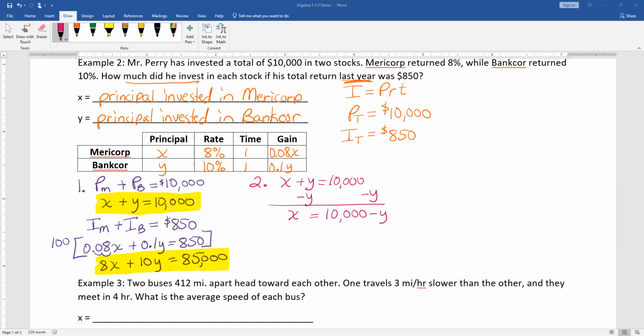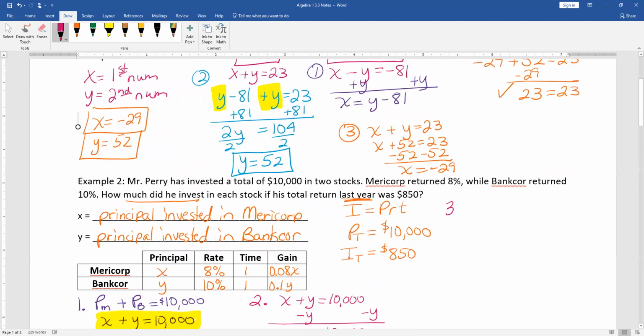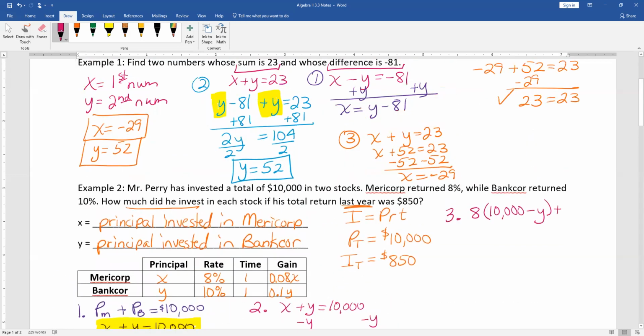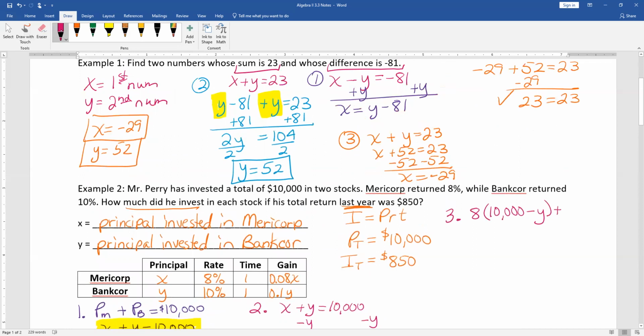So I have, let me get myself some more room. Okay, so this was 8 times x, which was 10,000 minus y, plus, was it 10y? Okay. My shoot. It says my screen share is paused.